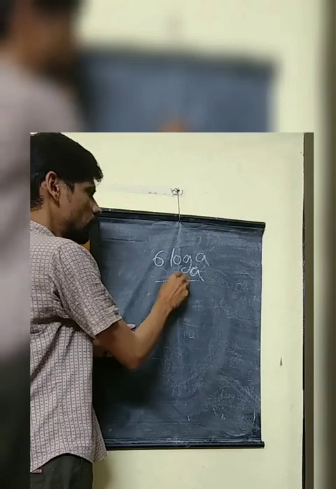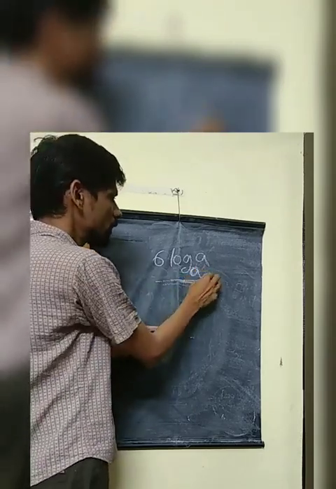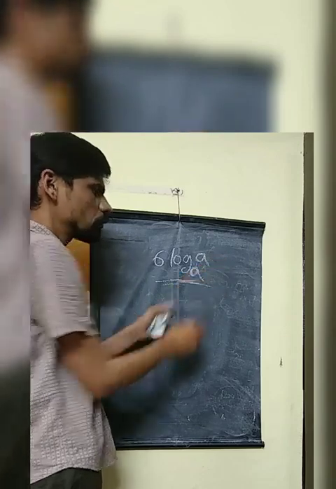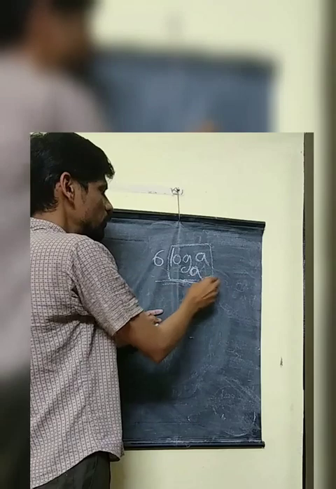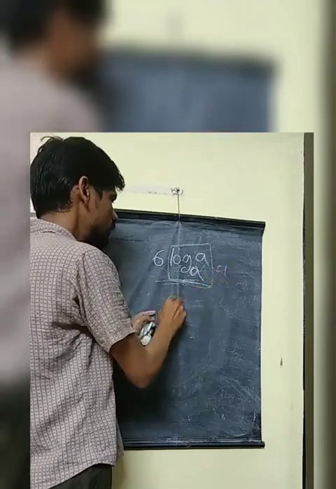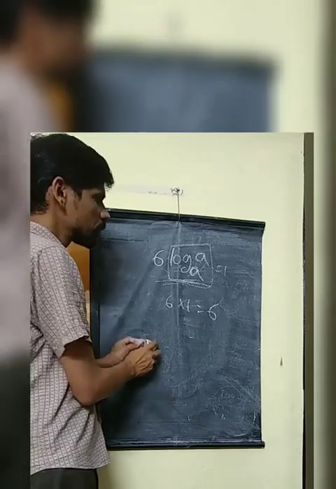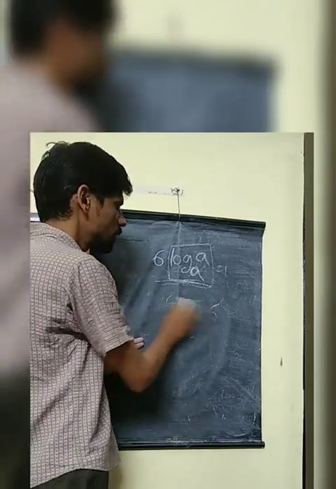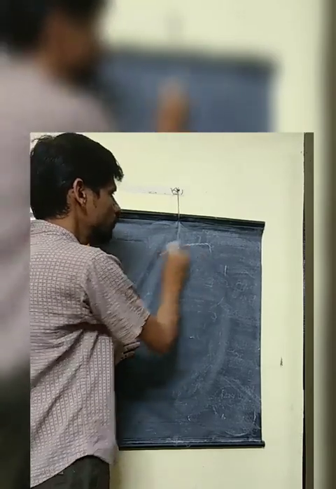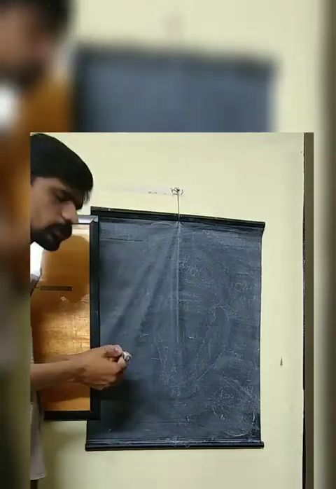We know one of the laws of logarithm: whenever your base and the value are the same, what will be the value of this part? This value will be 1. That means 6 multiplied by 1 equals 6, right? I'm just explaining with simple problems so that you will understand properly whatever we did in our class.